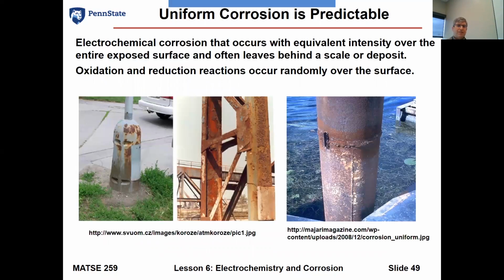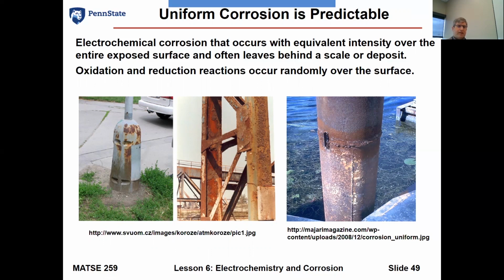Uniform corrosion. This is one where it's not attractive, as we can see just from these images of lampposts and piers and bridges where they're maybe exposed to some marine environments, or even in the rainwater, having some high level of acidity leads to this general type of corrosion. It's something that occurs across the entire part.